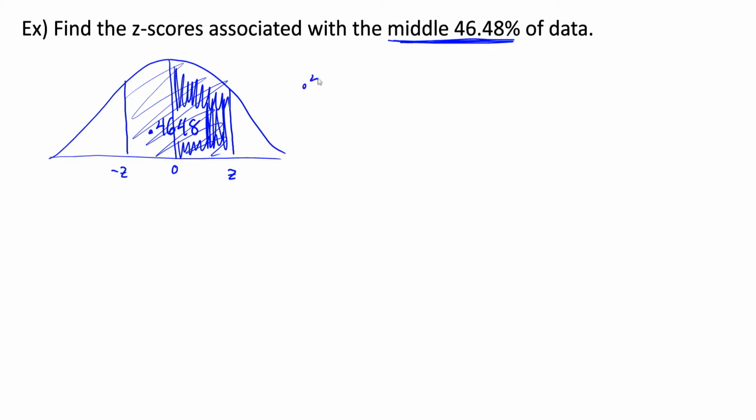If we take this area and divide it by 2, we get 0.2324, and that's the amount in each half. So this half is 0.2324, and this half is 0.2324. So this is what we're going to look up on the table.